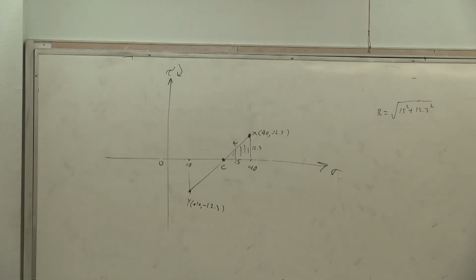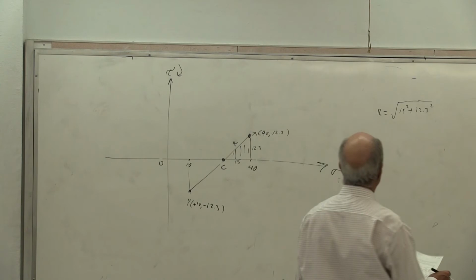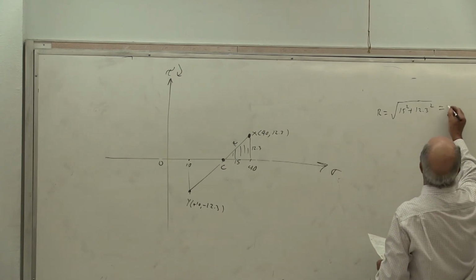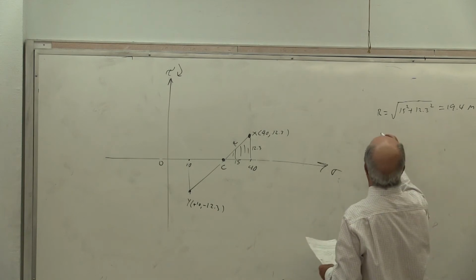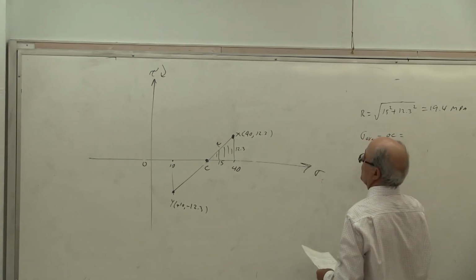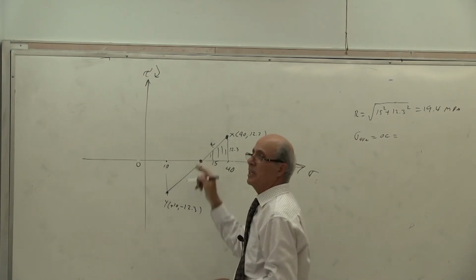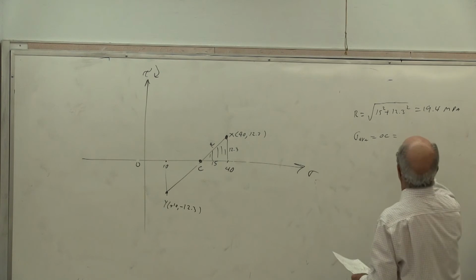So equal to, get the number. What did you calculate? 19.4. So let's put 19.4 megapascal. Sigma average, which is the same as OC, of course, is 10 plus 15. It is 25. You don't have to even calculate that. It's there.